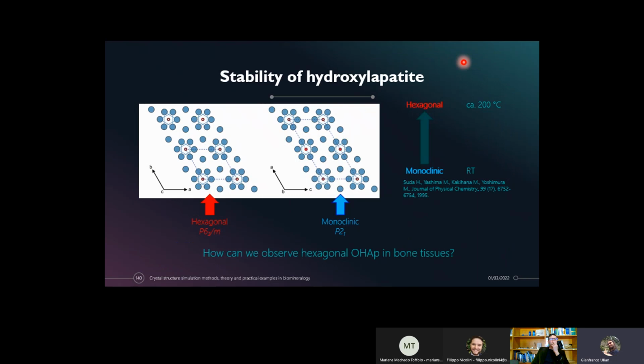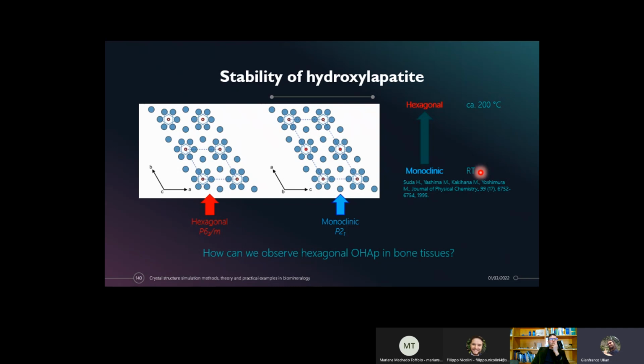Okay, so it is said that the hexagonal polymorph of hydroxylapatite is present in our bone tissues. But from a thermodynamic point of view, the hexagonal polymorph is unstable at room temperature and at physiological conditions.